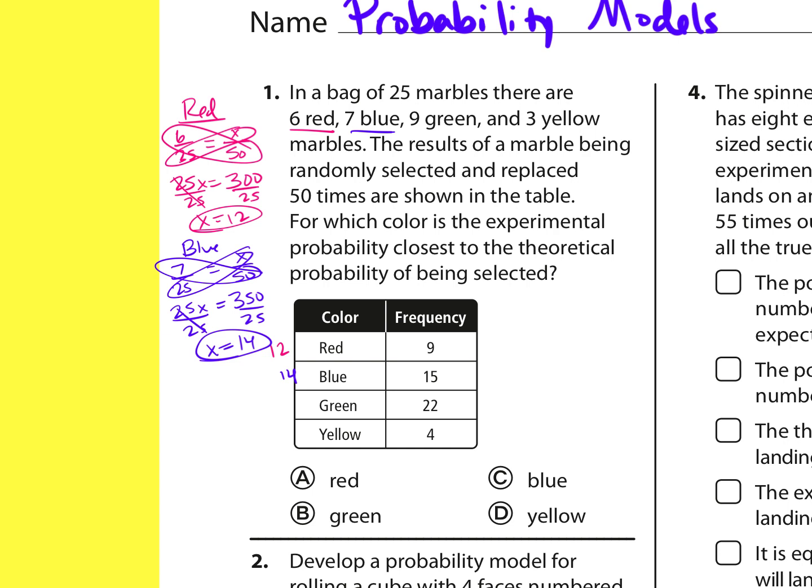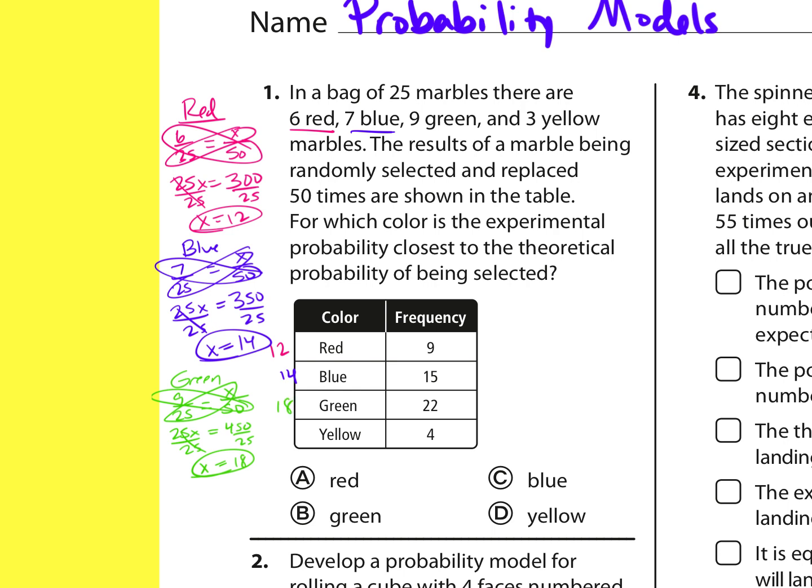Now looking at green. For green, we have 9 out of 25. So x out of 50, we would get 25x equals 450 when we cross multiply here. Divide both sides by 25, and we get that x is 18.